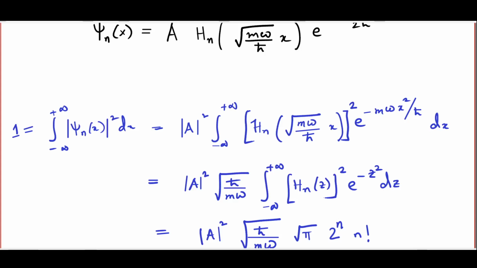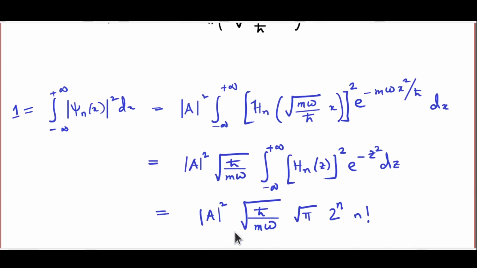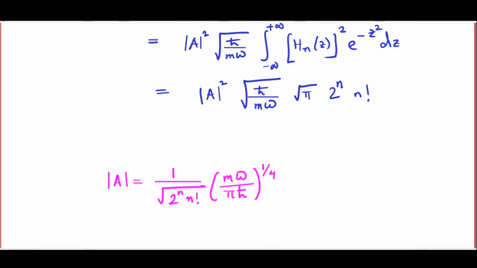The only new thing is, because of the relationship between dx and dz, you get an extra root over h cross by m omega factor. So your normalization constant actually is slightly different. It is 1 by root over 2 to the n factorial, fourth root of pi, but in addition there's also the fourth root of m omega by h cross, which comes in because of this extra factor here.